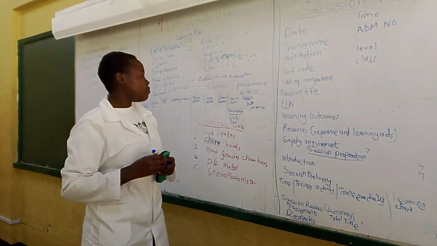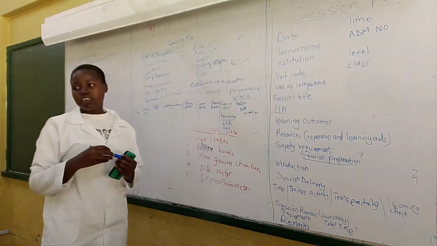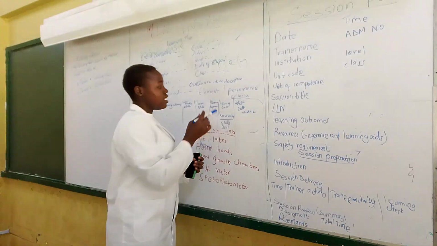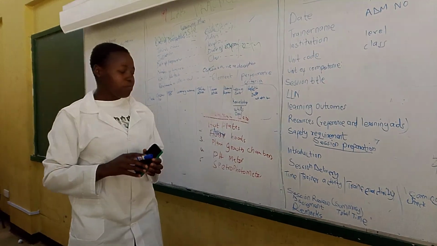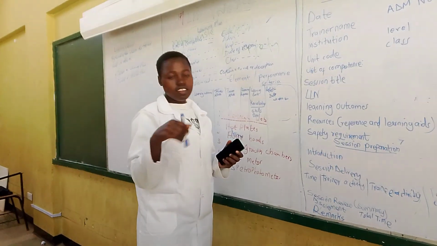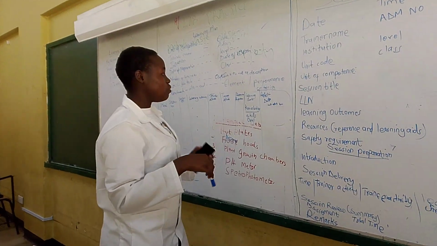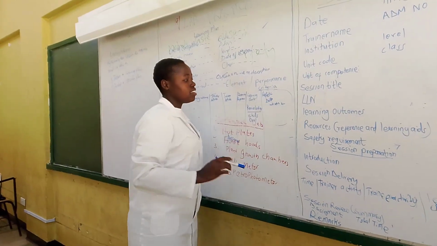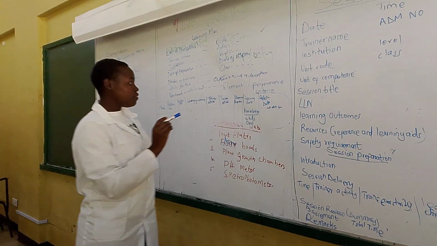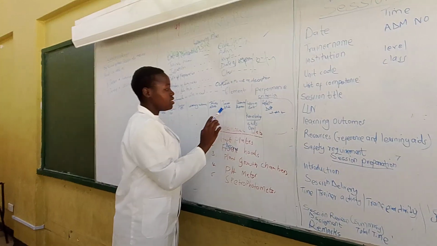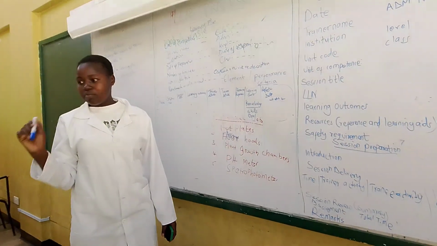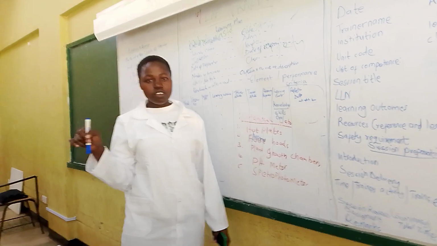Then reference, this is where you write the learning outcomes, for example, the OS. Then learning checks, where the trainee gets knowledge and skills that they have developed. Then the reflection date, then you give the trainee an assignment after every lesson.